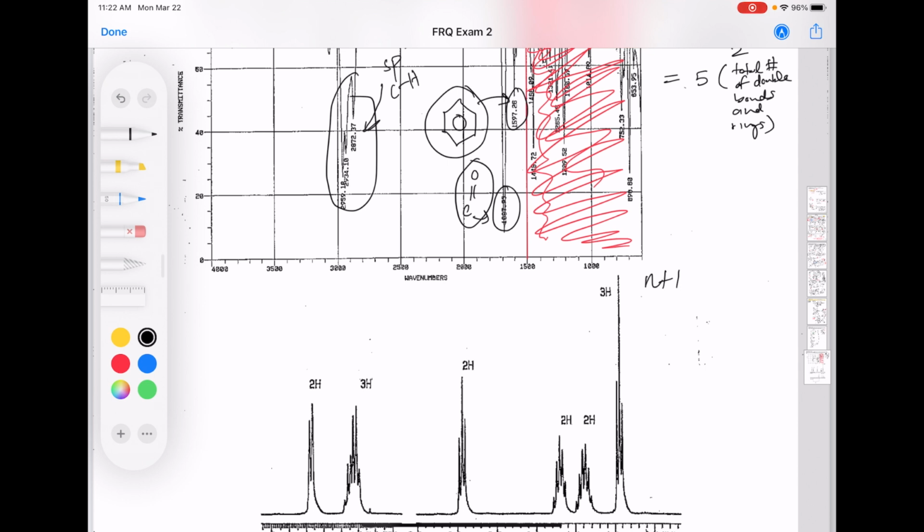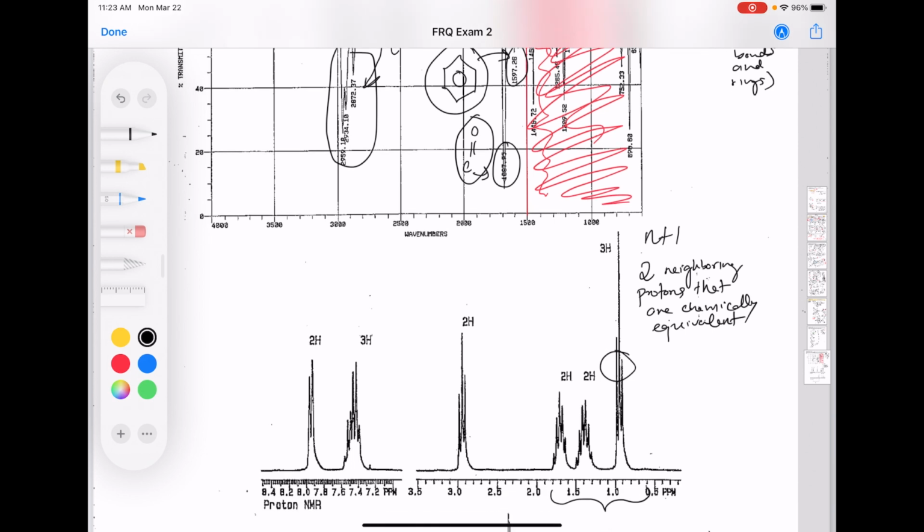By the n+1 rule, since there are 3 peaks, it's a triplet, that means that there are 2 neighboring protons that are chemically equivalent, next to the carbon that is attached to our proton corresponding to this set of peaks. So that's an important clue.